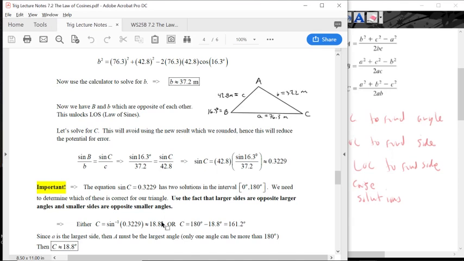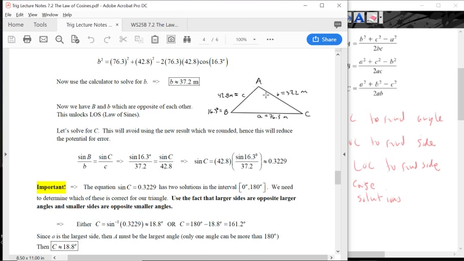Now, how do we know of these two angular measures which is the correct one for our given triangle? Well, one observation we can make is to recall that in any triangle, smaller angles are opposite smaller sides, and larger angles are opposite larger sides. For this particular example that we were given, the largest of the 3 side lengths was side length A. And that means that the largest of the 3 angles must be angle A. So only angle A can be the largest angle.